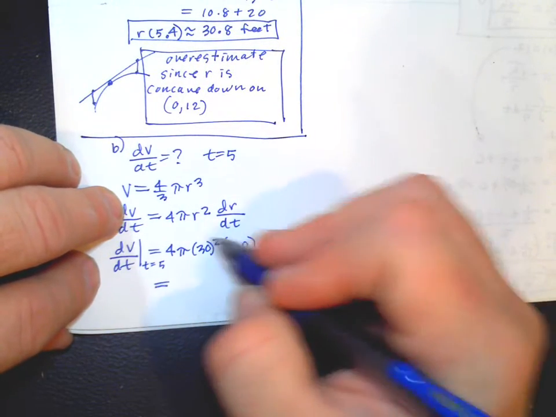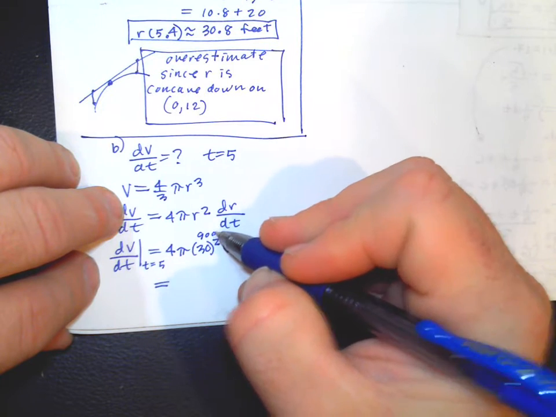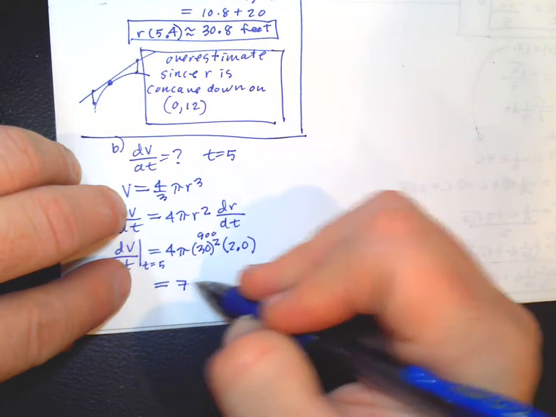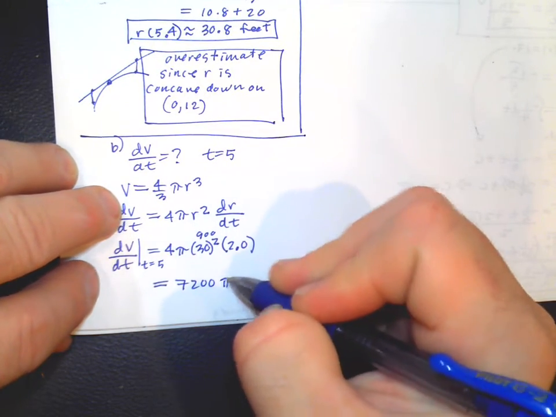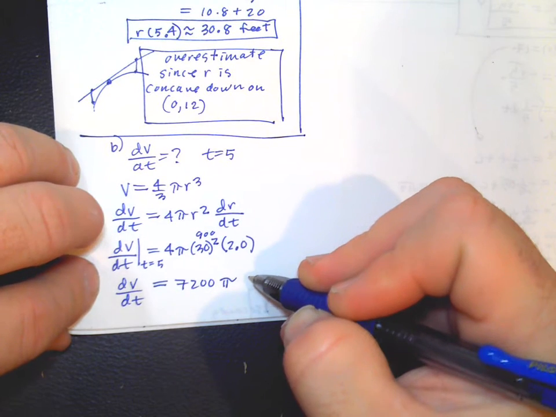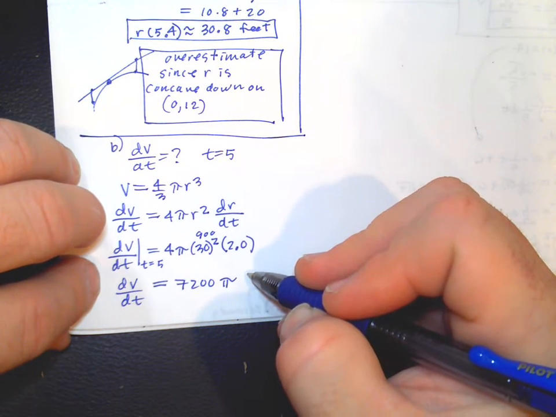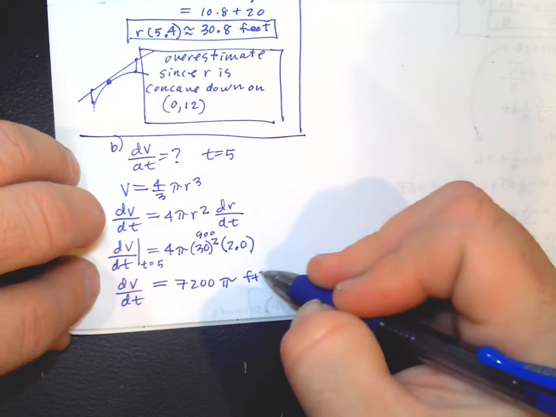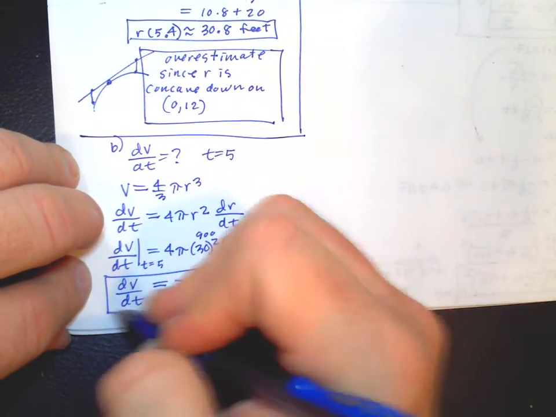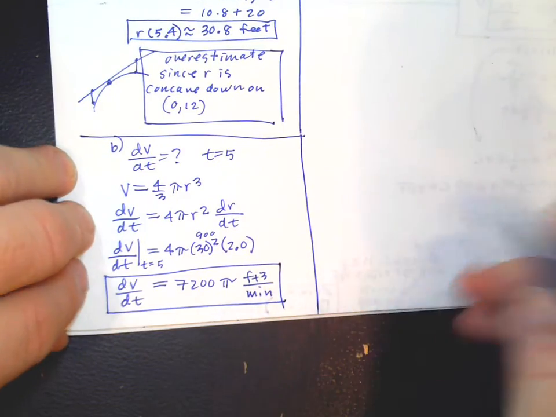So that's going to be 3600, 7200 pi. The units have got to be cubic feet per minute. So that's sort of the related rates part of this problem.